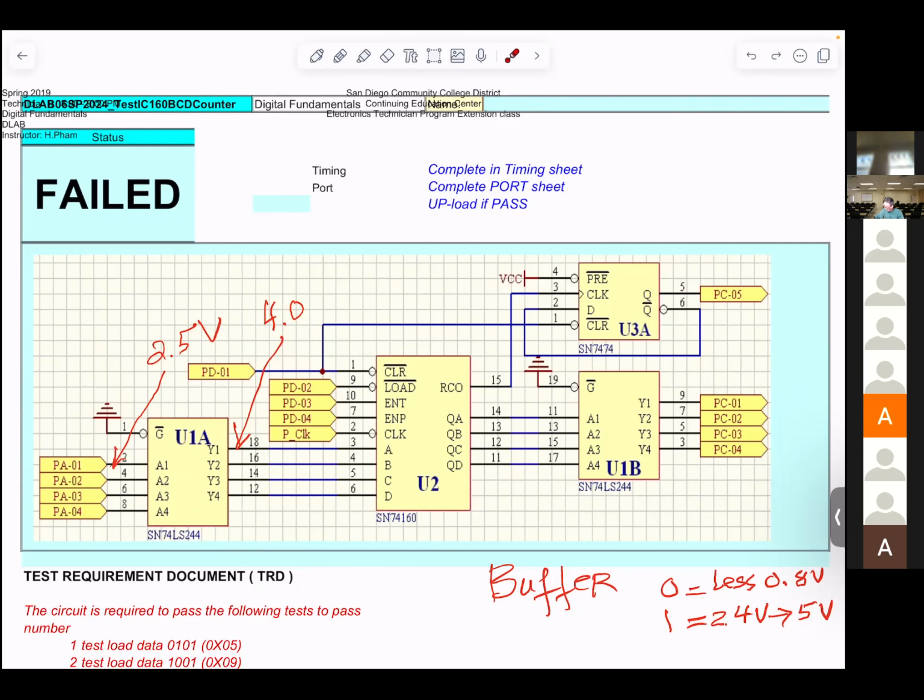Now you measure pin number 1. Make sure it is 0, meaning it is connected to the ground. Then pin 1 is okay, pin 20 is okay, pin 10 ground is okay. However, the output is not logic 1. Who can tell me what you think you can do to solve that problem?